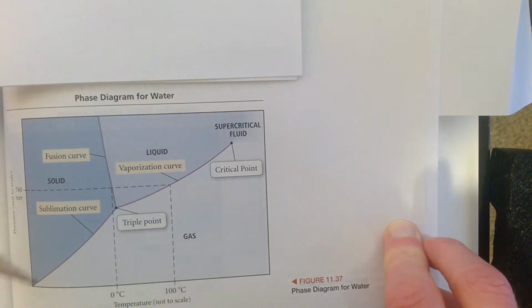So as we move along these purple lines, we have different segments. From here to what we call the triple point is the sublimation curve. These are the pressure and temperature conditions when we can go straight from solid to gas or gas to solid. We can cross directly between those two states of matter.